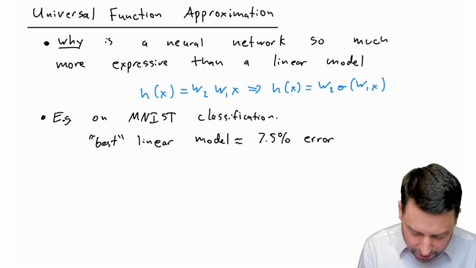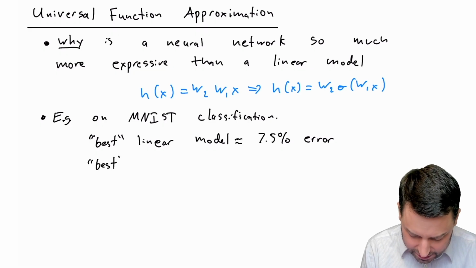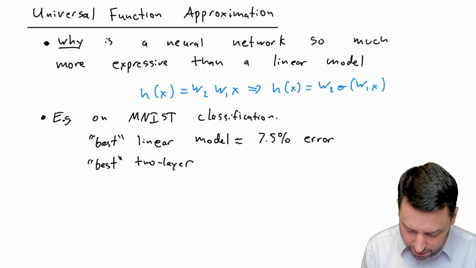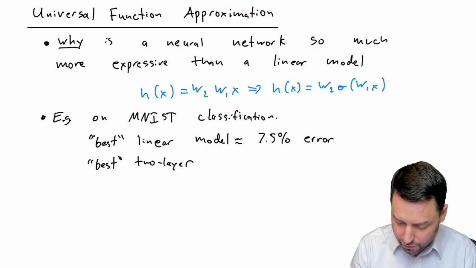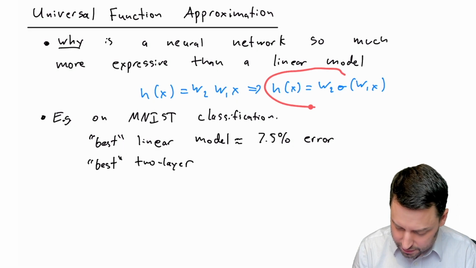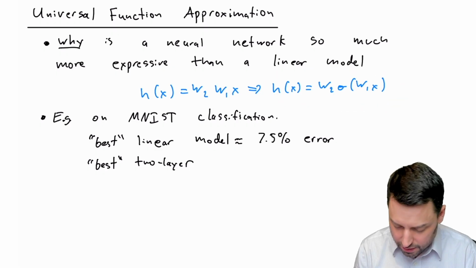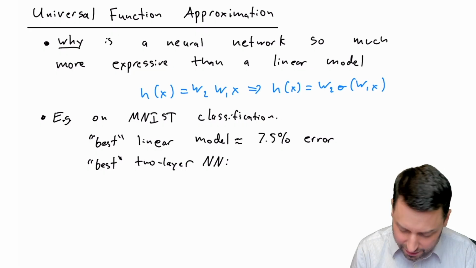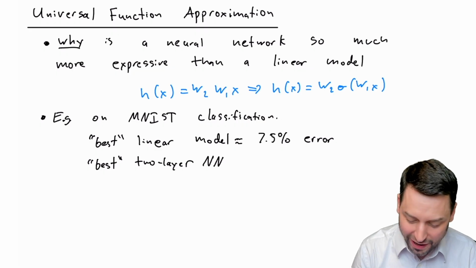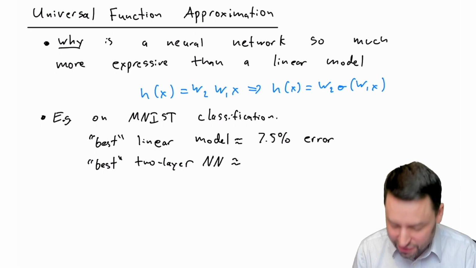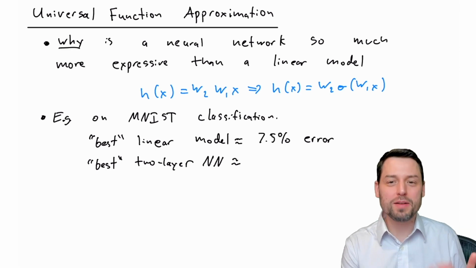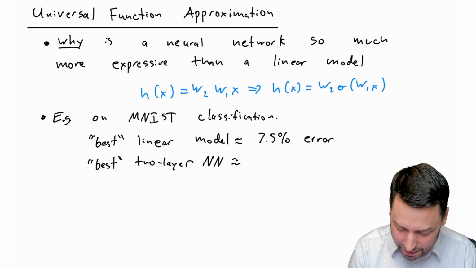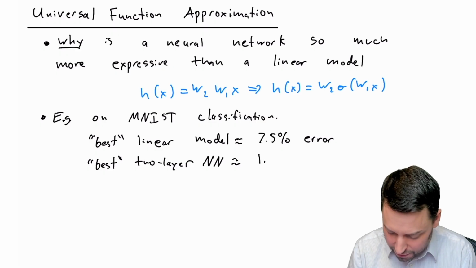And the best two-layer neural network, so this is just this function right here, and again I have to be even more careful, at least the ones you can build on your homework, get around 1.5% error.